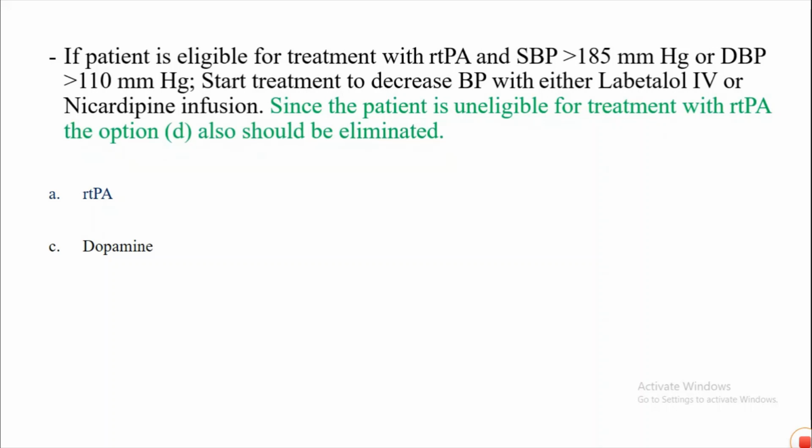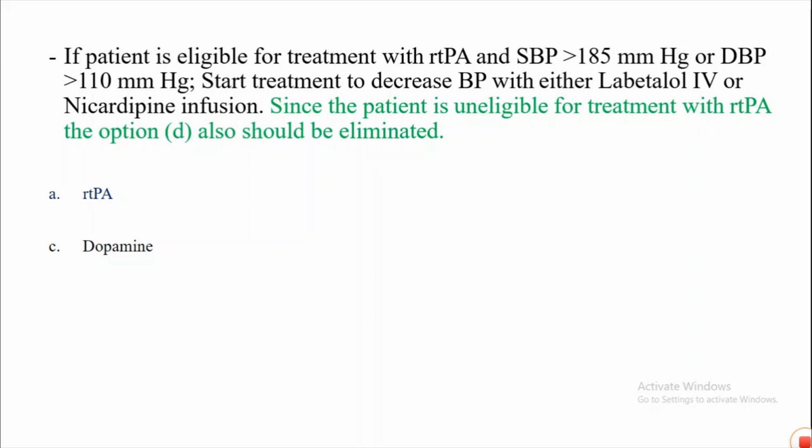If a patient is eligible for treatment with RTPA and systolic blood pressure is greater than 185 or diastolic blood pressure greater than 110, start treatment to decrease blood pressure with either labetalol IV or nicardipine infusion.